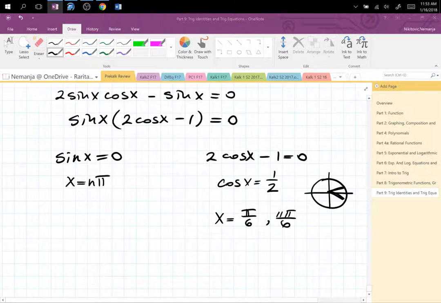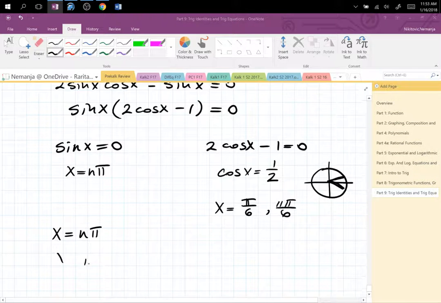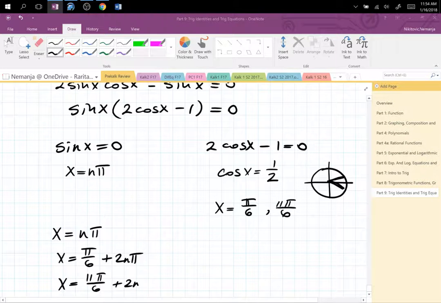So now to list all of the infinite solutions: x equals n pi, x equals pi over 6 plus 2n pi, and x equals 11 pi over 6 plus 2n pi, and this n is 0, 1.